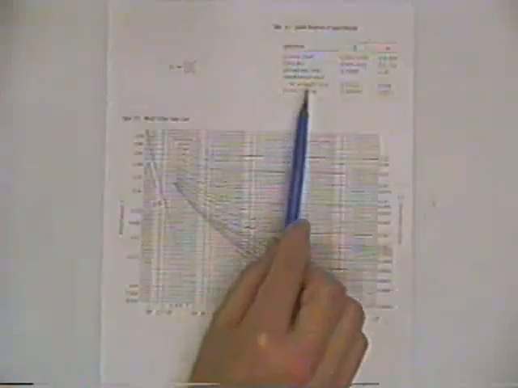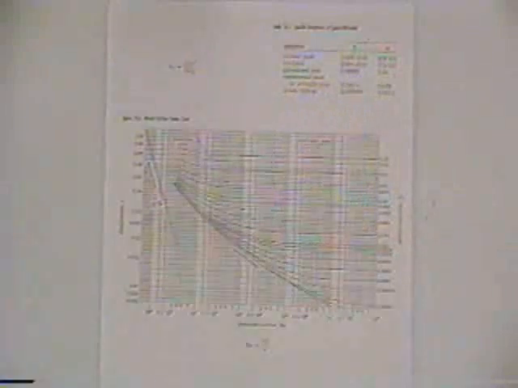And of course, the rougher the pipe, the more head loss you would anticipate. In your reference manual you'll find a very brief table, and other references have very extensive tables that give you the roughnesses for different types of pipe in either meters or feet.